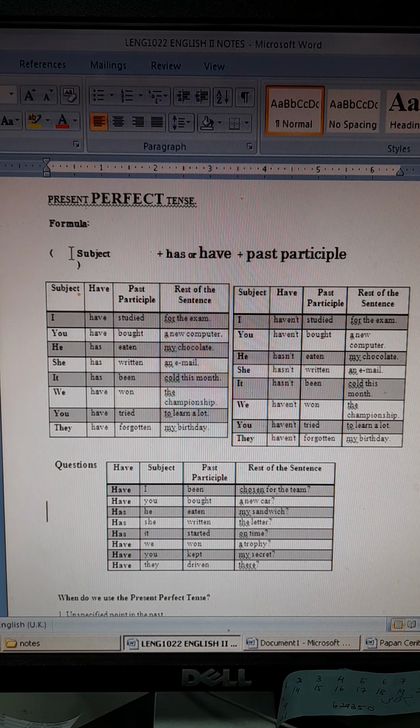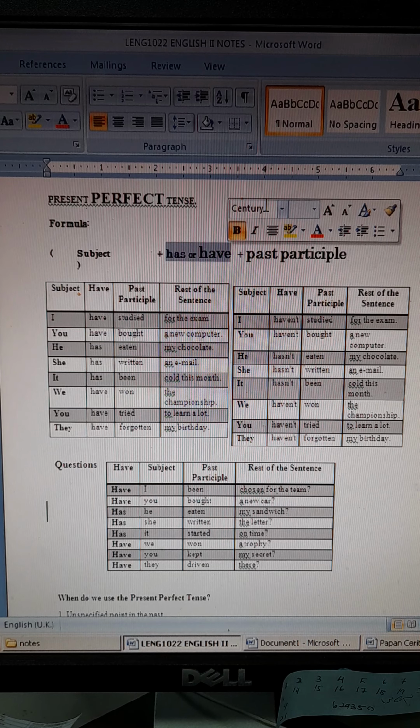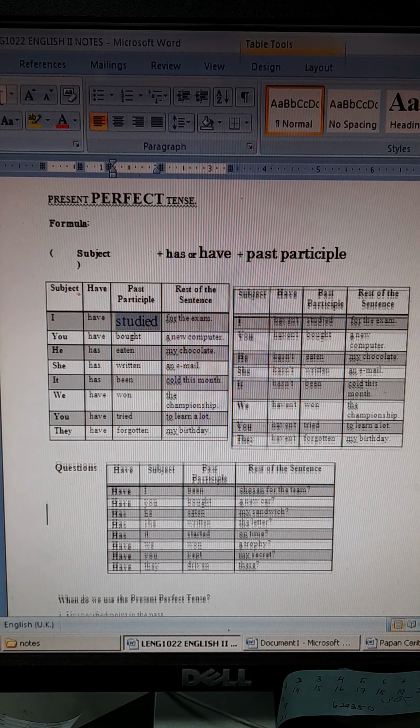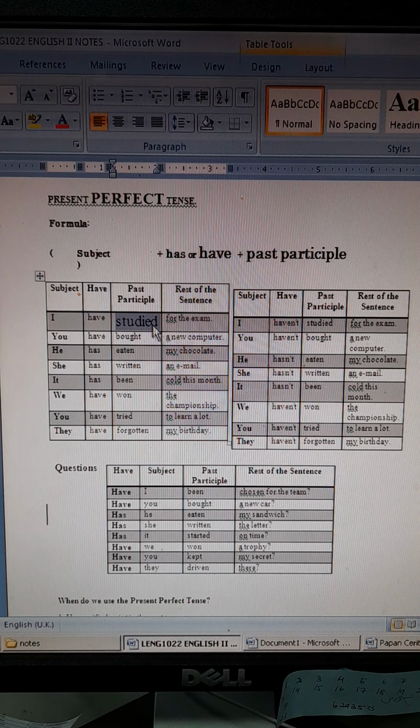So here is the formula. We have subjects. Either you use singular subjects or plural subjects. You can refer to the 3 tables I have attached in the notes. Alright, first example, I use the subject I. So I belongs to plural. Followed by has or have, depending on the subject. Since I'm using I as my subject, I can only use have as my helping verb, followed by the past participle. Here in the first line from your table, you can see I'm using studied, S-T-U-D-I-E-D.